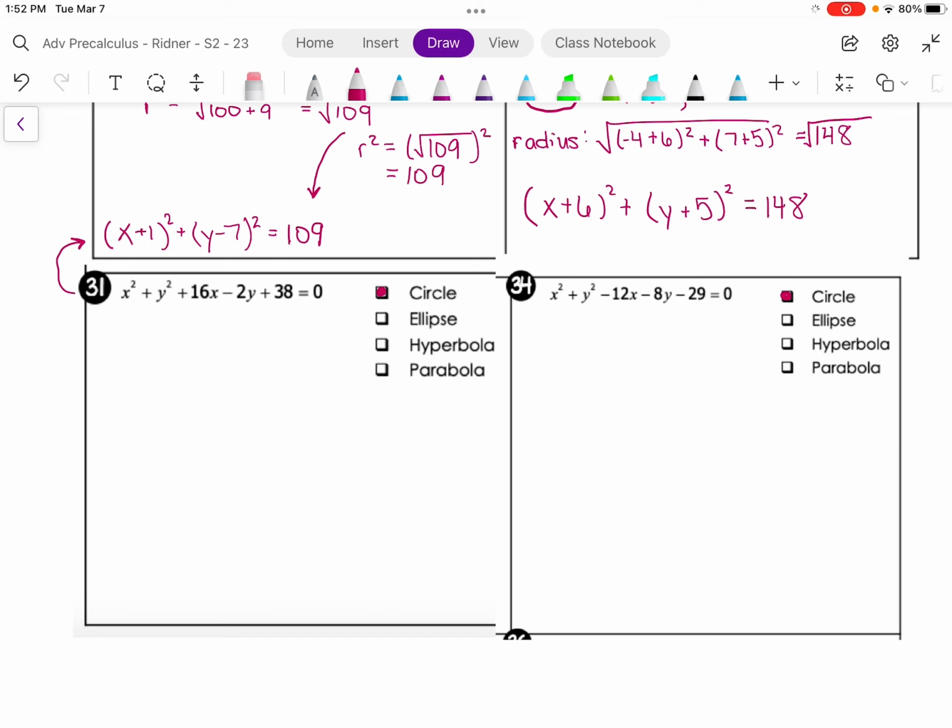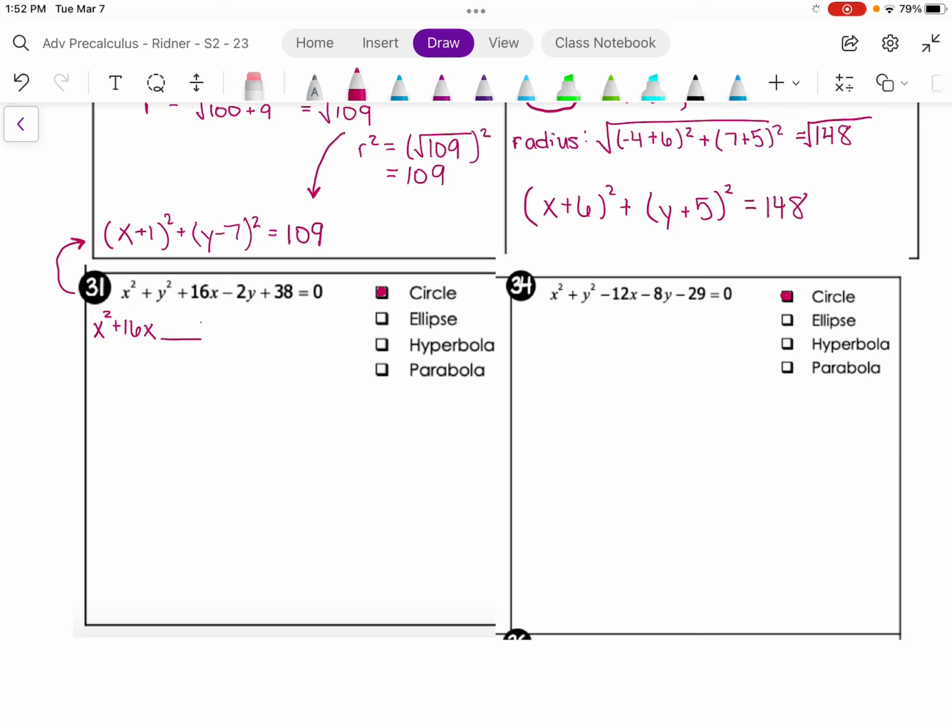But if I can make it look like one of the problems that we've been doing, then I know those things. Okay, so step 1, group x's. So my x squared and my 16x, I'm going to group together. I will end up adding something to it to make it factorable.